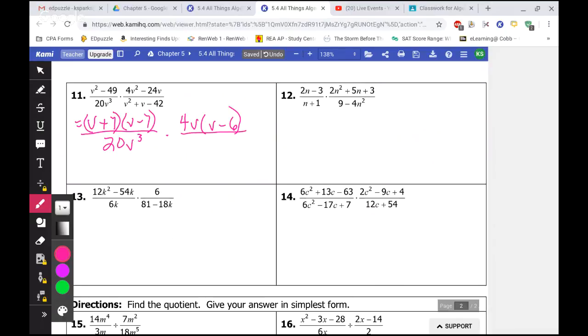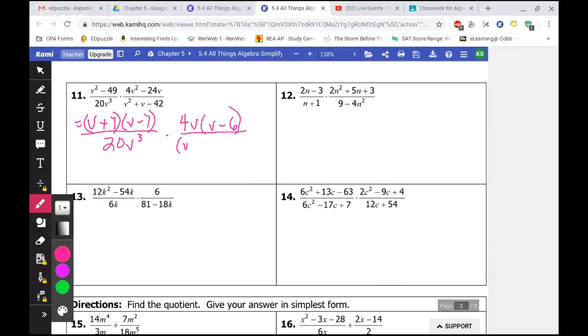And then on the bottom, I'm looking for two factors that multiply together to give me a negative 42, that when I combine those two factors, they add to be a positive 1. So let's see, the factors of 42, 7 and 6 would give me a 1, and I need that bigger one to be positive.